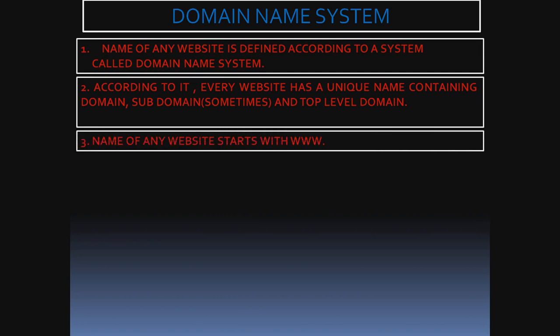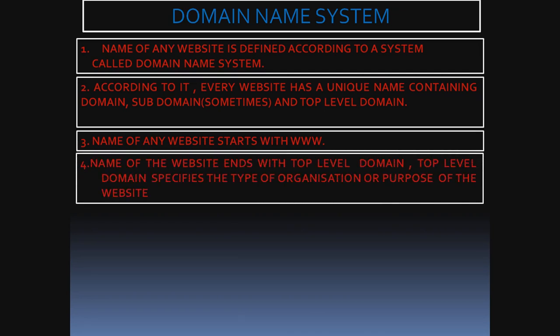Now, as I said, any website's address starts with www. The name of the website ends with the top level domain. So www is the start, and in the given web address, in is the top level domain. So the website address ends with the top level domain.